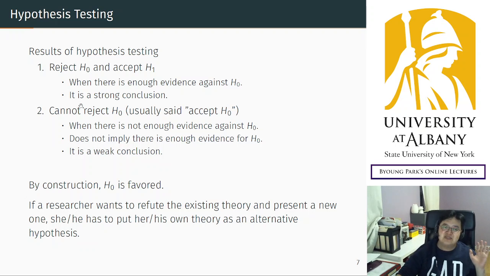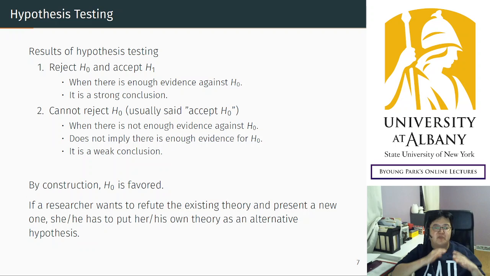Therefore, usually textbooks call this accepting the null hypothesis, but I don't like this term because accepting the null hypothesis sounds like an active, proactive decision, but actually it's not. It's more passive, because often you have to accept the null hypothesis even if there is no evidence. So a better expression is to say I cannot reject the null hypothesis because there is not enough evidence.